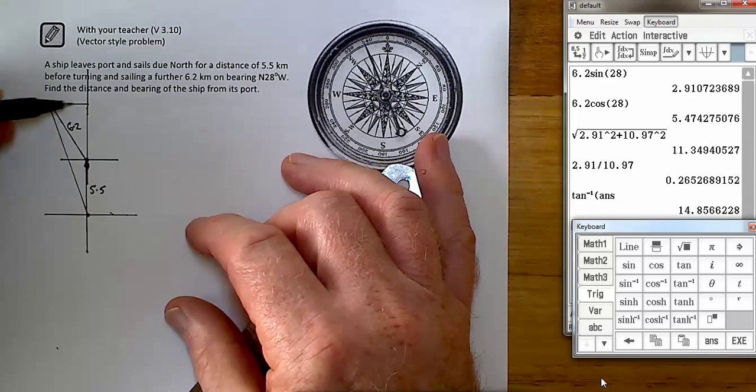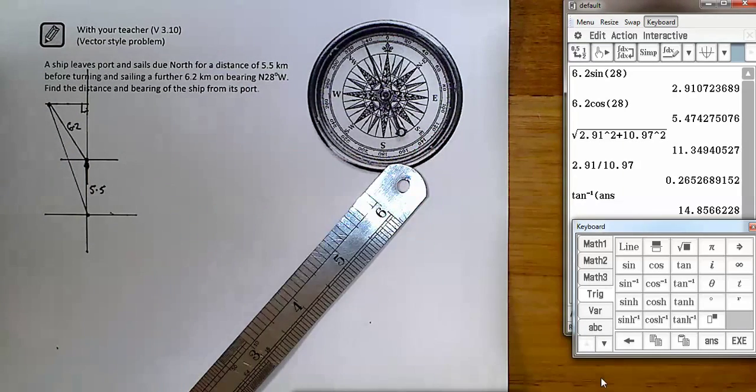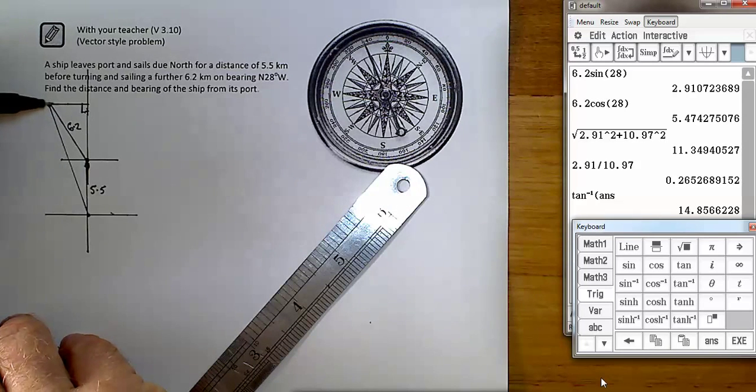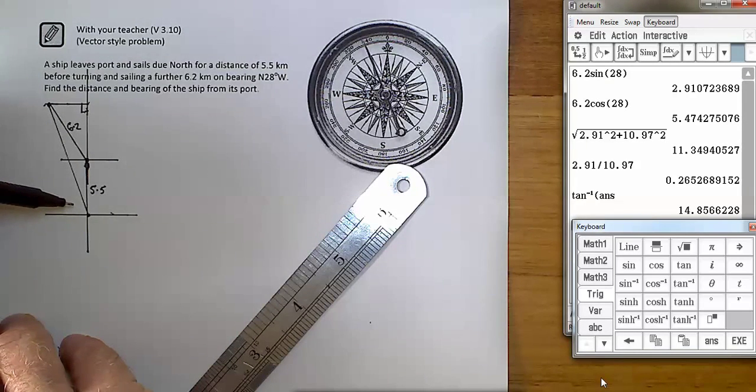Now it is a right angled triangle. And what's more, if we could work out this distance here and this distance here, we would know two sides of the right angled triangle, and therefore we would be able to work out the third one by Pythagoras' theorem.